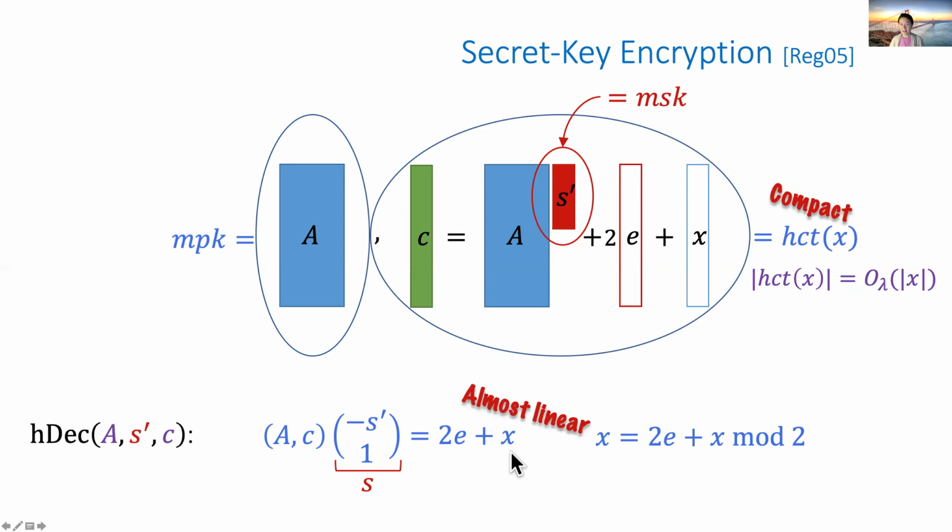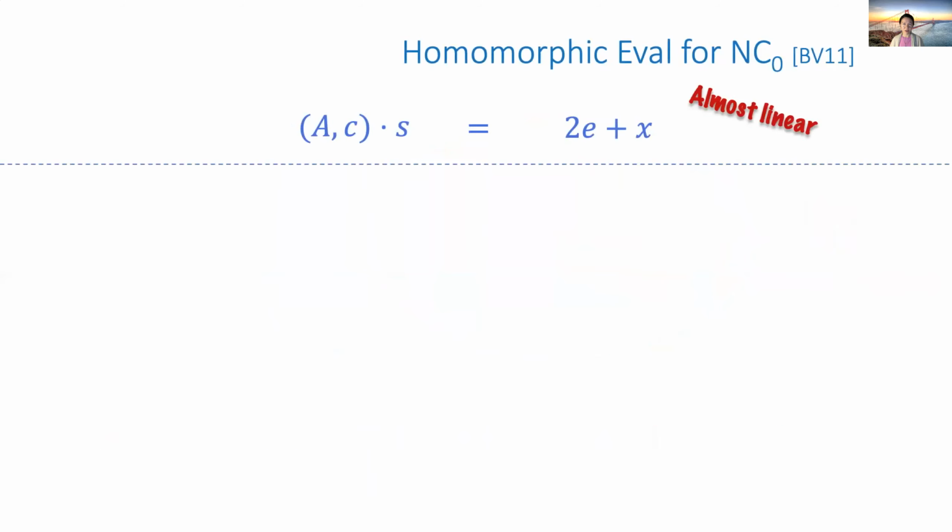Note that this decryption is almost linear, in the sense that with just a linear operation depending on the secret s, we can already recover the encrypted input, however perturbed with some even noise. Furthermore, this simple encryption scheme actually supports homomorphic evaluation for simple NC0 functions.